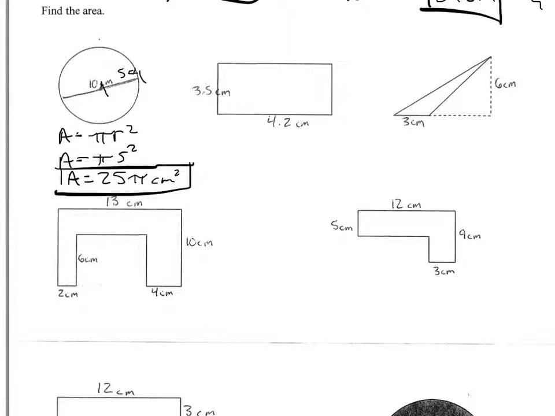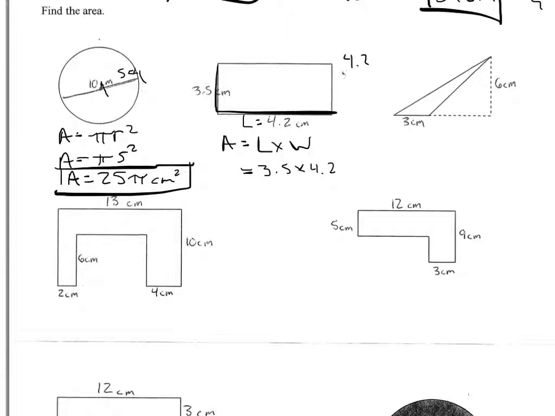Here we have a rectangle where length times width is our area. Area is equal to length times width. So that's going to be 3.5 times 4.2. I'm going to have to do that math off to the side over here.